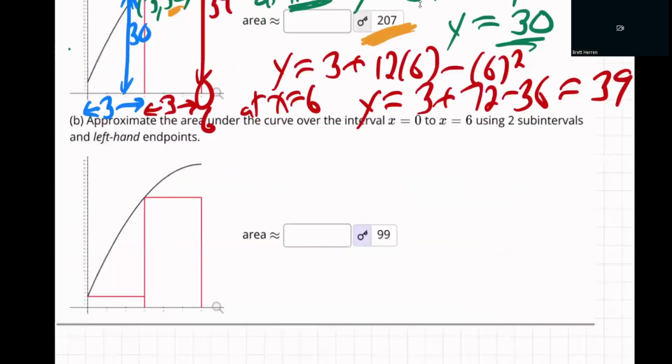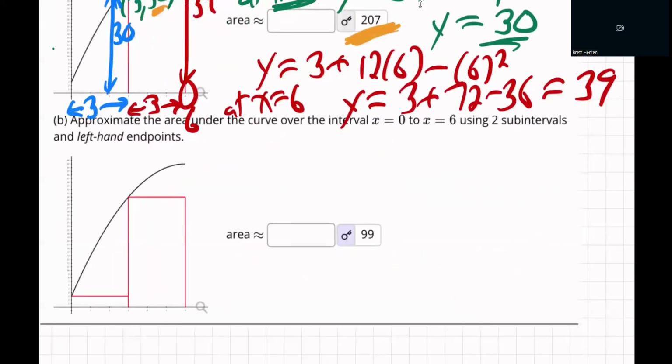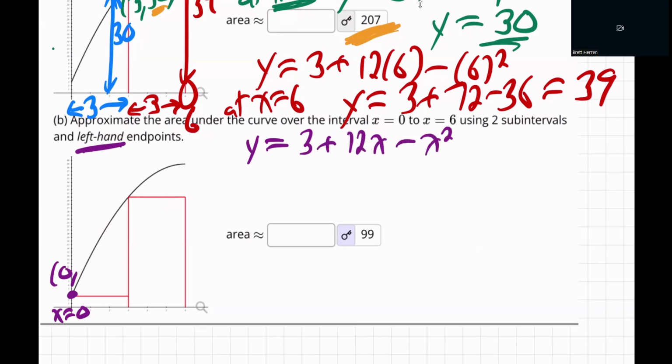So down here, same thing, you've got a couple of rectangles. This is left hand, so the left side of this rectangle hits the curve at x equals 0. I want to know this is over 0, up what? Again, it's the same function: y equals 3 plus 12x minus x squared.